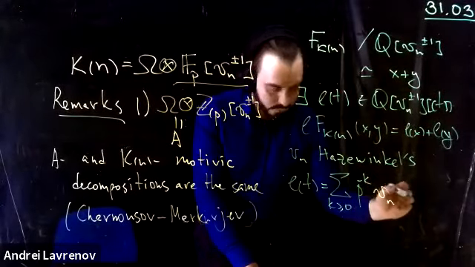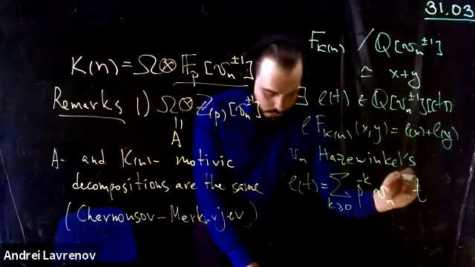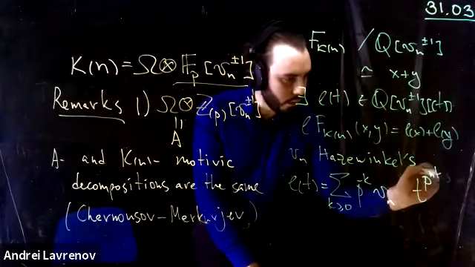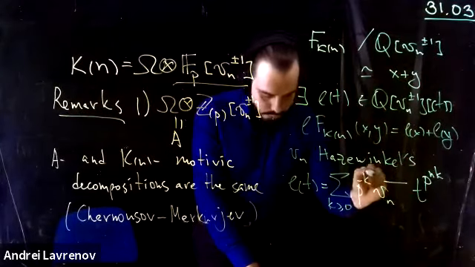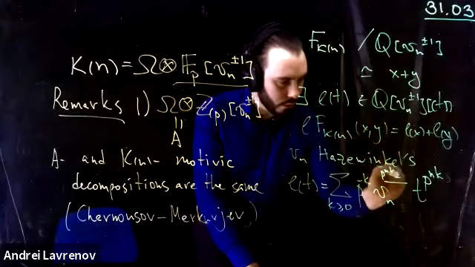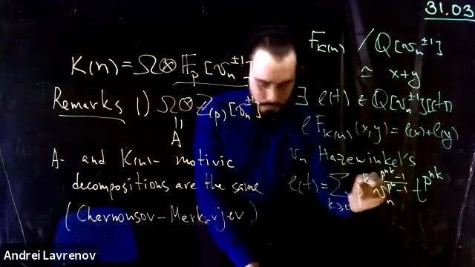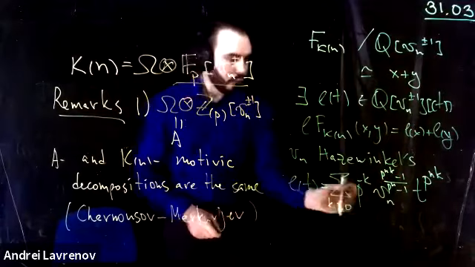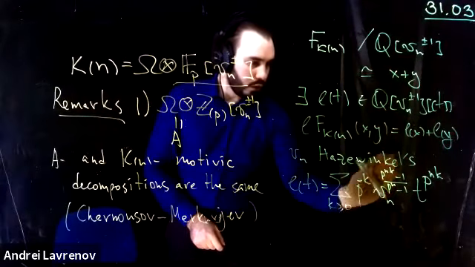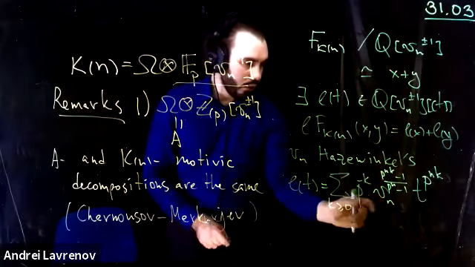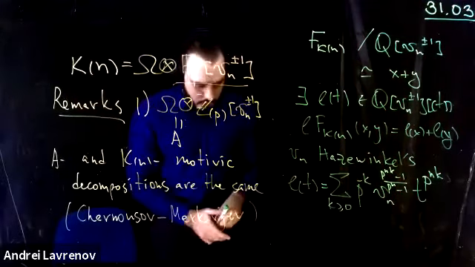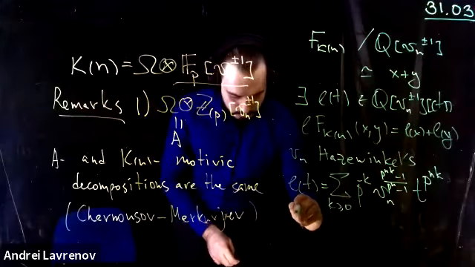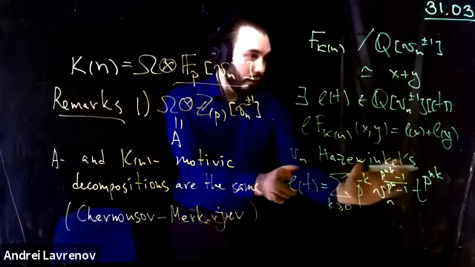Here we have v_n to some power, and here we have p and k. The power is the only possible one, but it is something like that. If, for example, we just put 1 instead of v_n, then the formula is very simple. And in fact, we can take this as a definition.